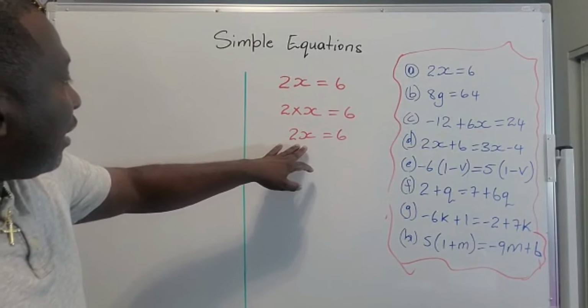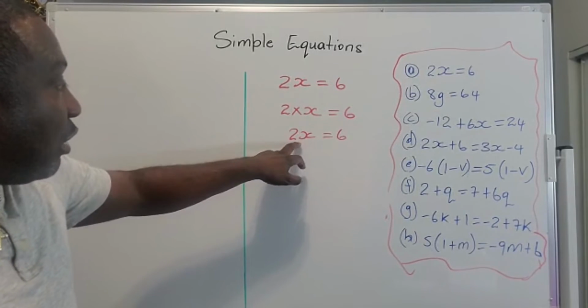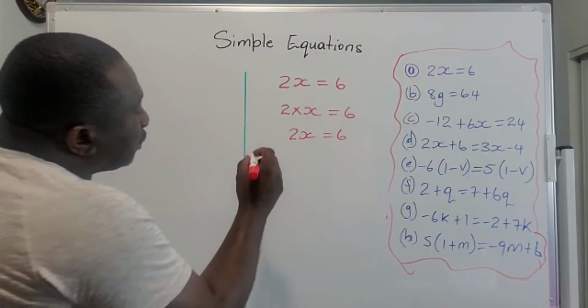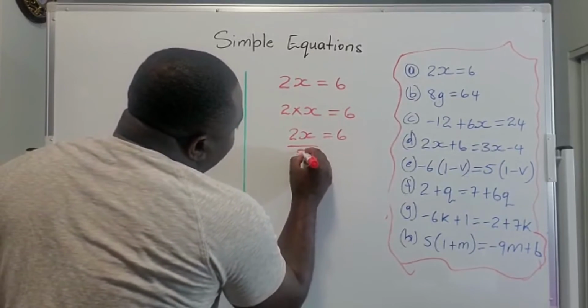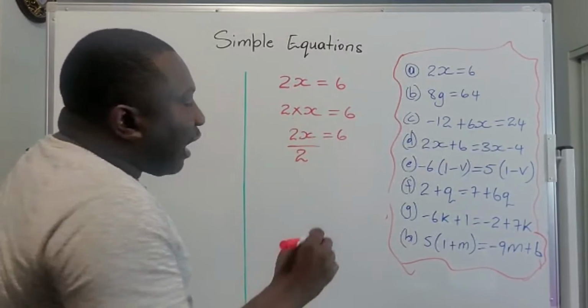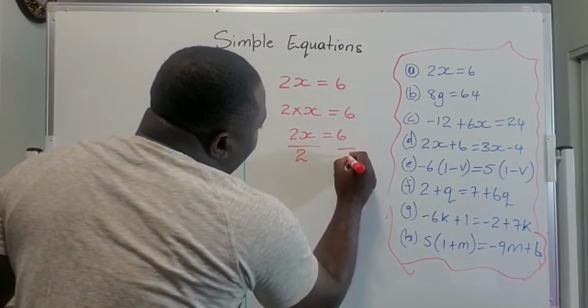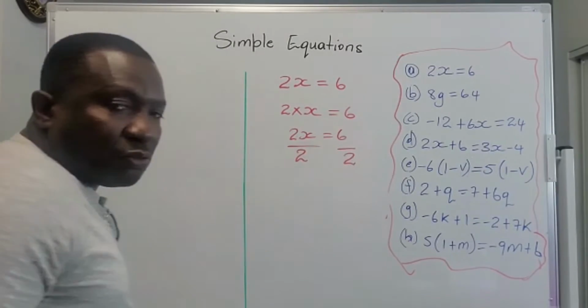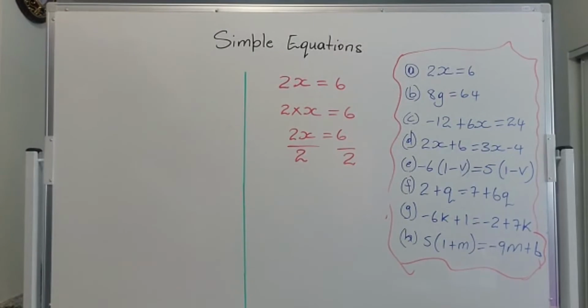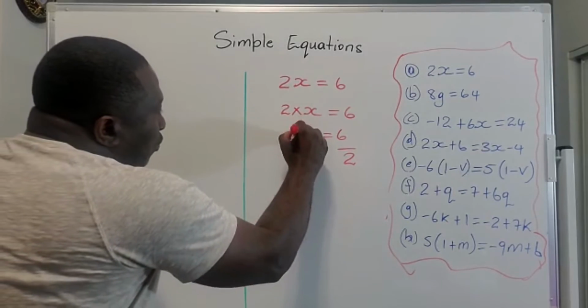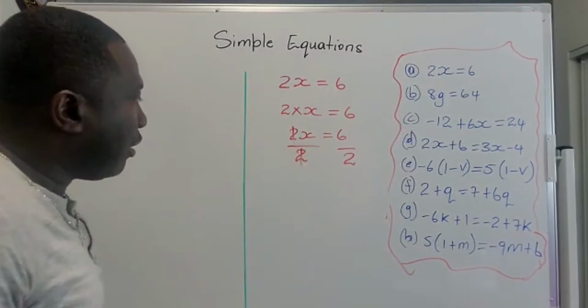Now, I'm going to divide by the quantity 2. So if I divide this side by 2, I must also divide this side by 2. For sure, this 2 will cancel 2 here.